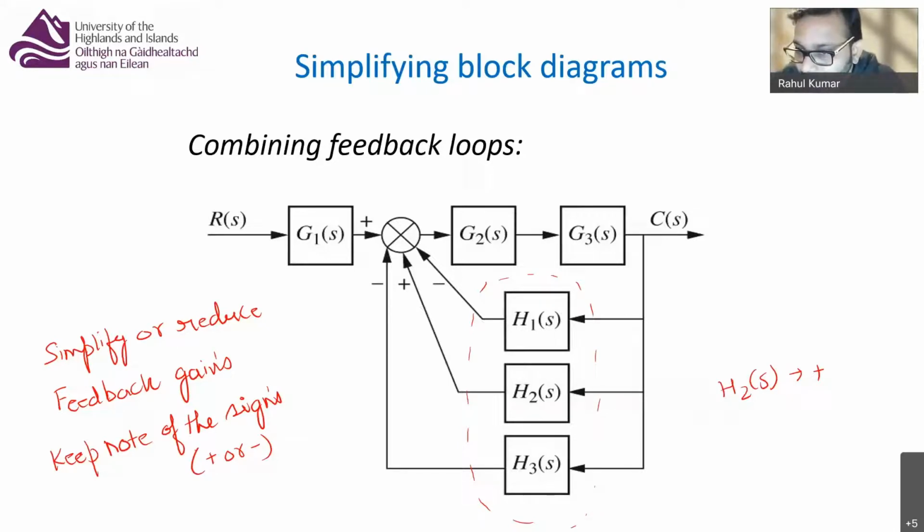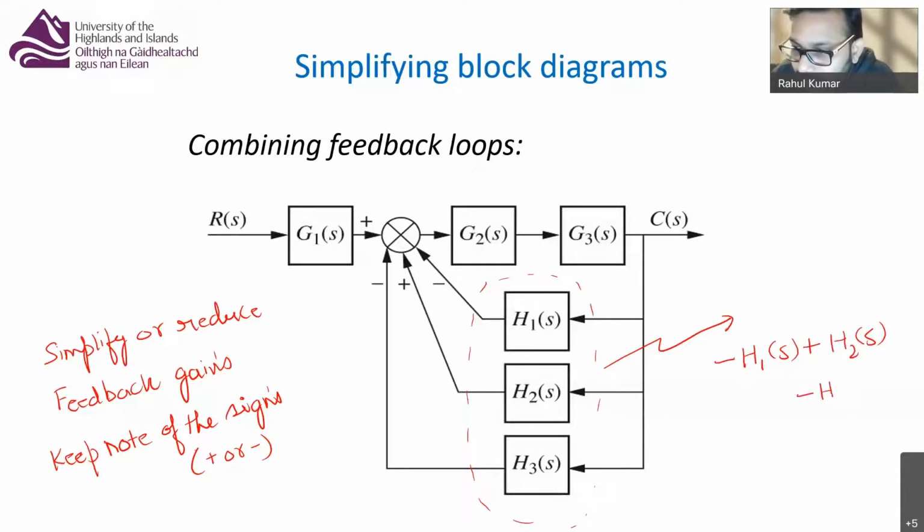Okay, so I can replace this by, I will write the equation here so it will be easy for us to relate the 3 slides, right? So H1 is negative, so minus H1 of S, and then H2 is getting added, so plus H2 of S, and then H3 is again negative, right?